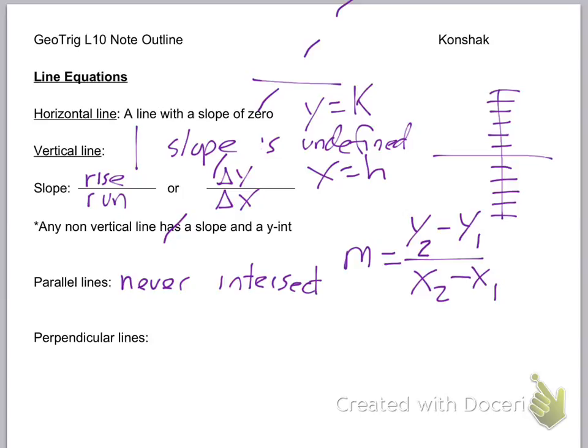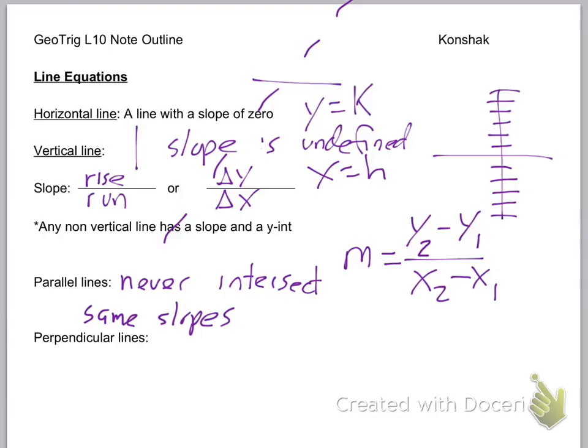But they also have what? Same slopes. So they have the same slopes as each other. So if I told you that line 1 has a slope of 4, and the next line is parallel to it, it also has a slope of 4.